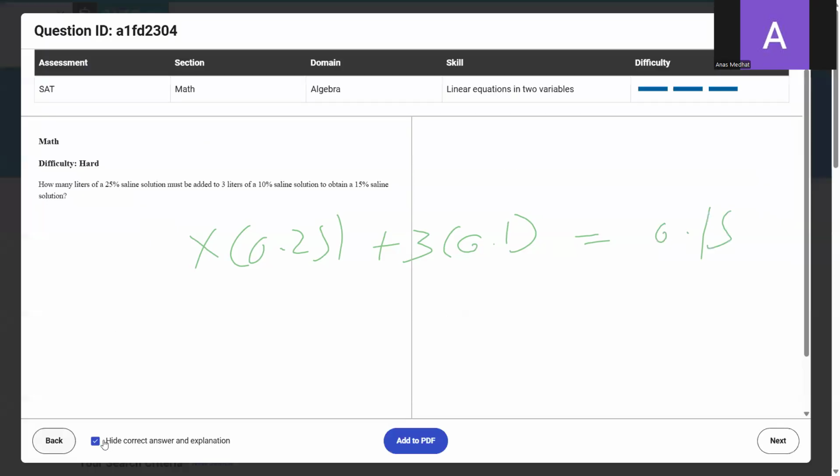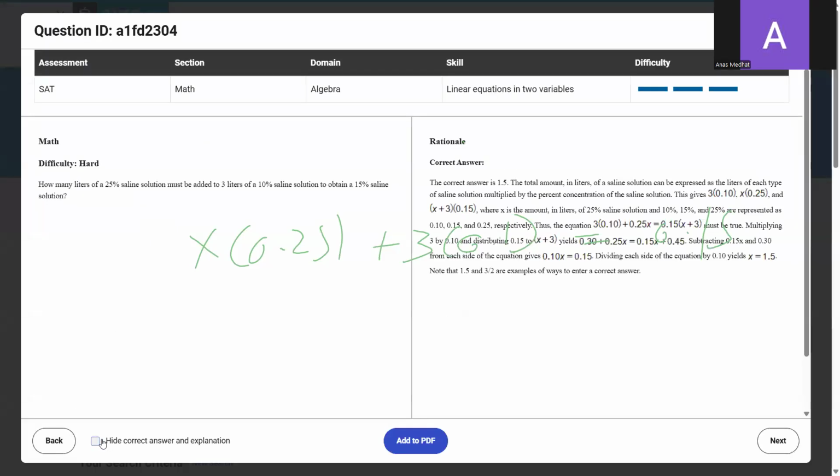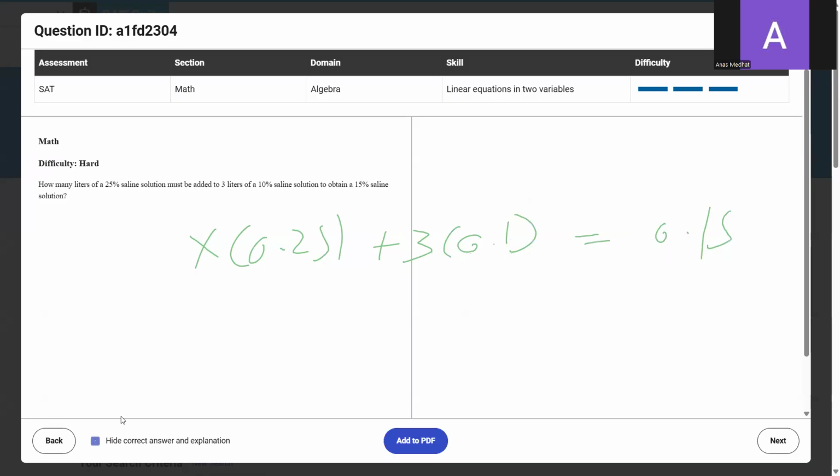Right, this should be the equation or what? No, this is not the equation.